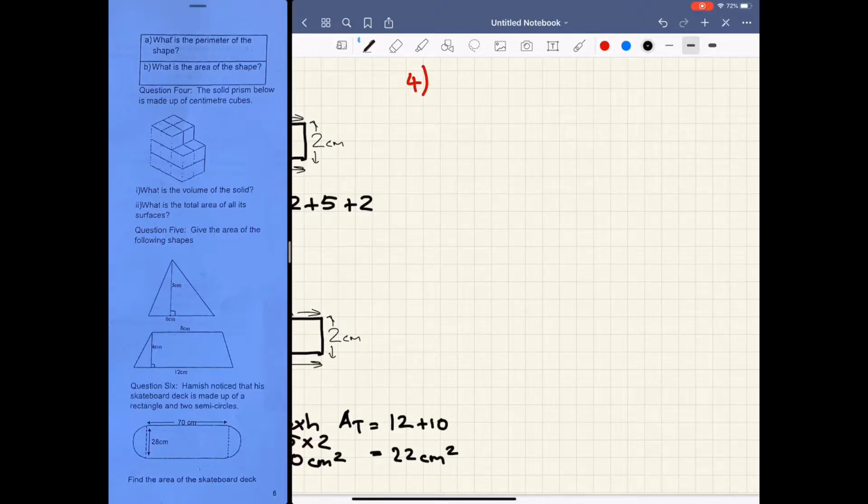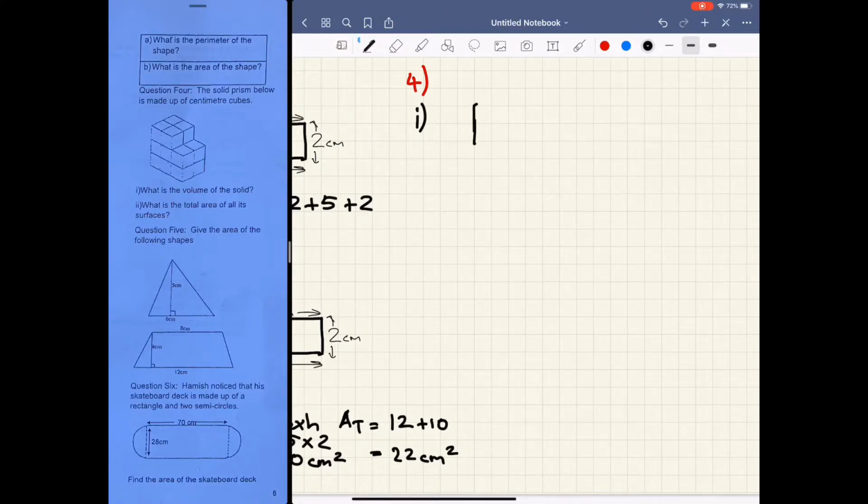Question 4. The solid prism below is made up of centimeter cubes. What is the volume of the solid? Basically, it's just what's the volume of a cube, for example, right?